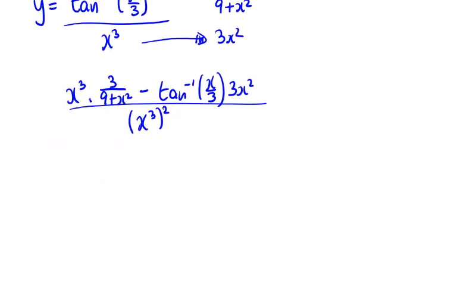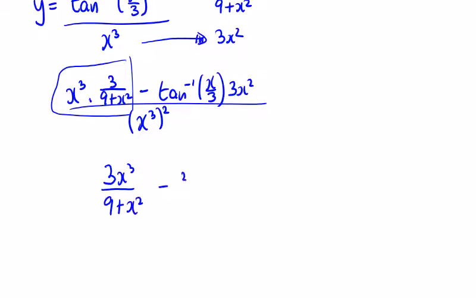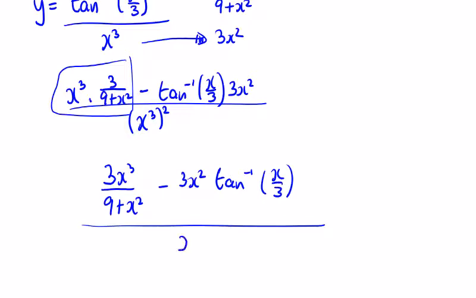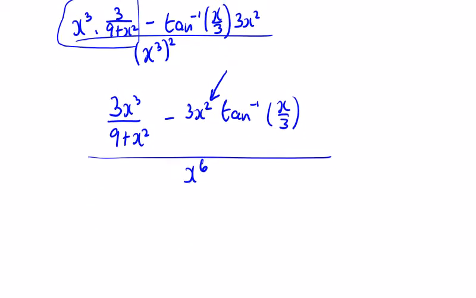So there's a little bit more tidying up involved in this one. So tidy the first term up here. I'm going to get 3x cubed over 9 plus x squared. I'm going to have minus 3x squared by the inverse tan of x over 3. And on the bottom, I'm going to have x to the power 6. Now, if I divide everything by x squared, which is the highest power of x, I'll be able to tidy it up a little bit.